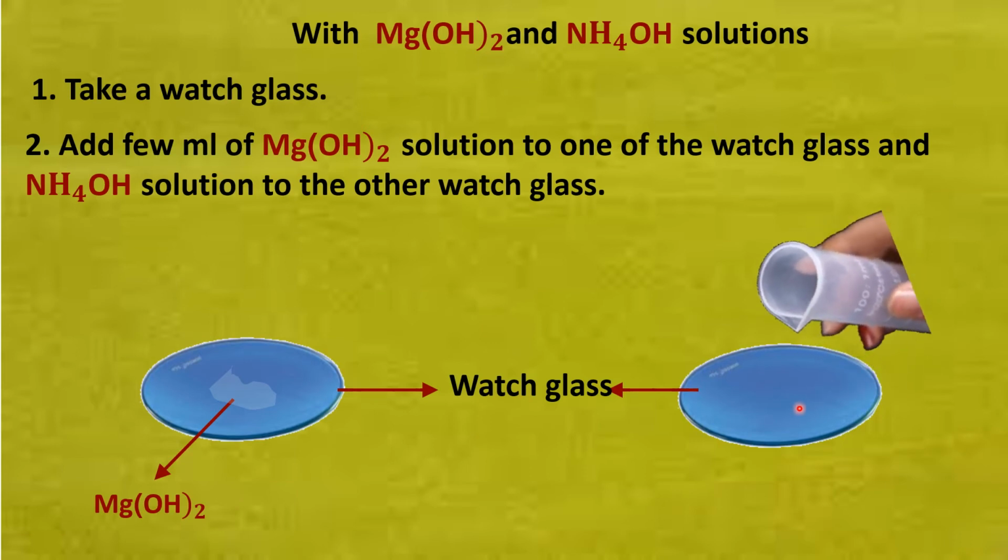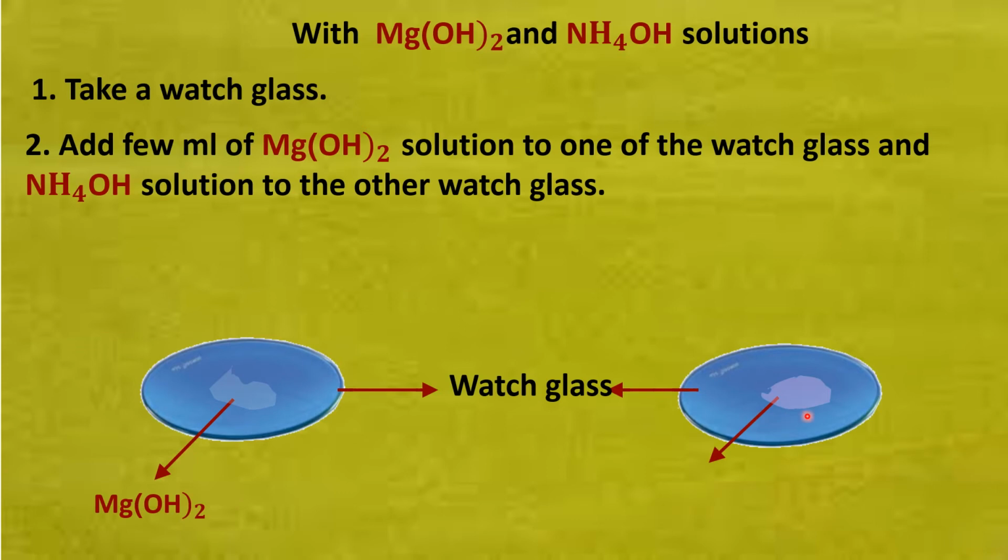So we'll take a few ml of the ammonium hydroxide. In one of the watch glasses we have taken magnesium hydroxide, and into the other watch glass we have taken the ammonium hydroxide. So these are the two solutions which we have taken, and now we'll test both of them with red litmus as well as the blue litmus.